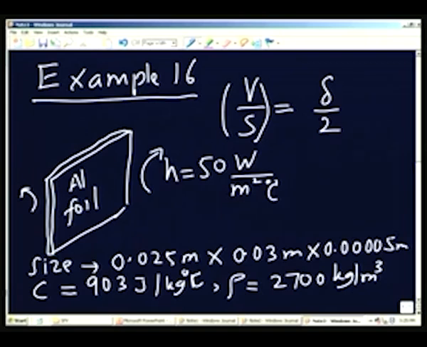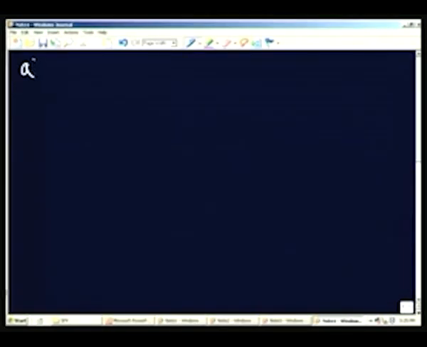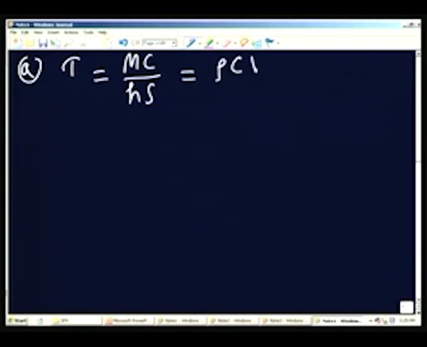What I would like to calculate, there are three things which I am going to do. First I will calculate the time constant tau, which is easily calculated using the formula tau equals the mass specific heat product divided by the area heat transfer coefficient product. This is written as rho C V divided by h S, and V by S we have just seen is delta by 2.